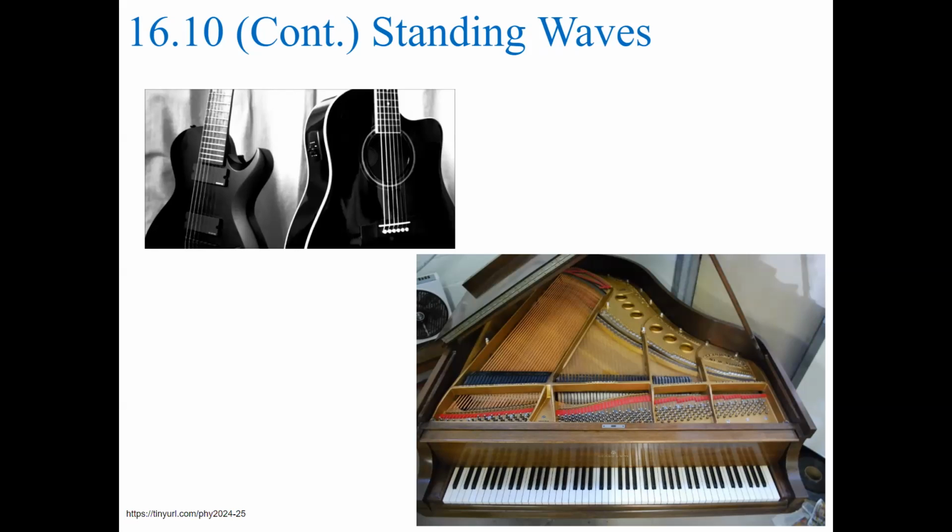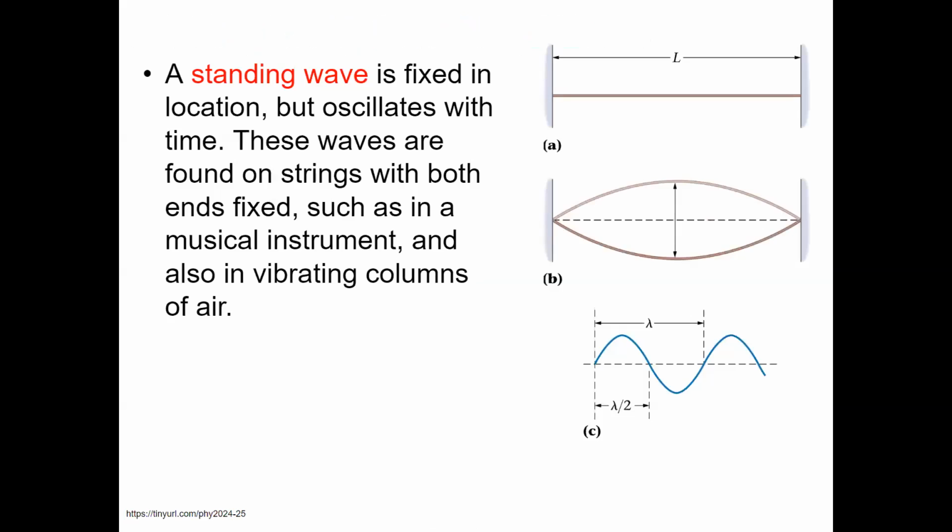So a standing wave is fixed in location, and then it oscillates in time. If you have a guitar string and you pluck it, it will vibrate up and down, generating a standing wave in the string.